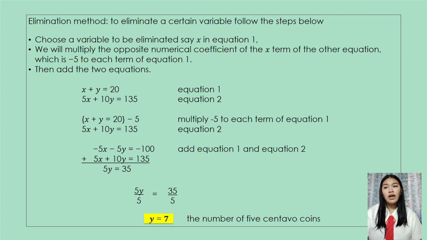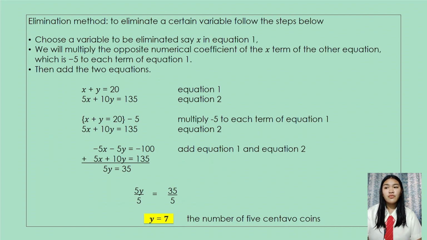Multiply negative 5 to each term of equation 1, which will result to negative 5x minus 5y is equals to negative 100. Equation 2 is 5x plus 10y is equals to 135. So we will add equation 1 and equation 2. Negative 5x minus 5y is equals to negative 100 plus 5x plus 10y is equals to 135, which will have a value of 5y is equals to 35.